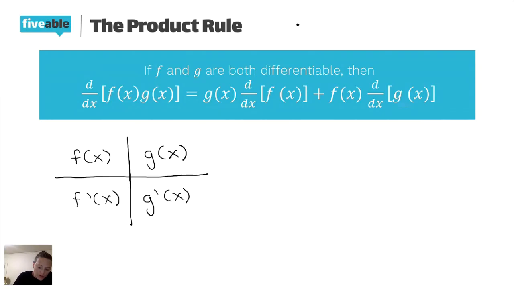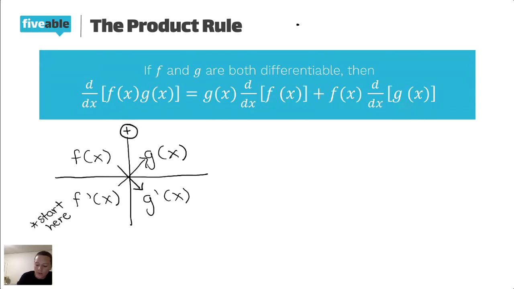Now, here's the cool, easy way to organize your information. We are going to start down in the bottom left-hand corner, and we are going to go up on the diagonal. We're going to add, and then we're going to cross back down. So criss plus cross, okay?